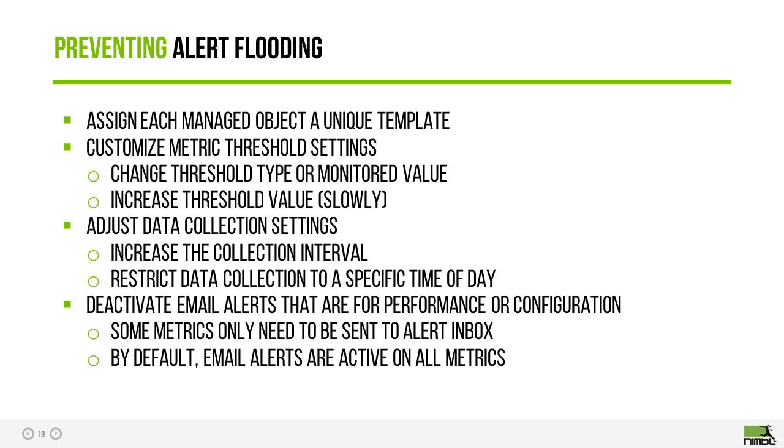Like I mentioned, customize metric thresholds. Anytime you see that a threshold is incorrect, go ahead and change it. Collection interval. A lot of times I run into a situation where an availability alert is triggering false alarms, and the root cause is that it's triggering a data collection every minute.